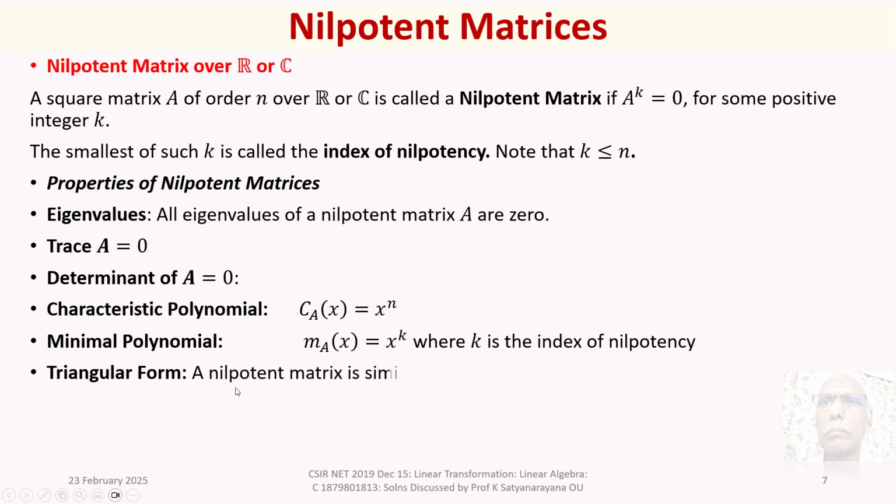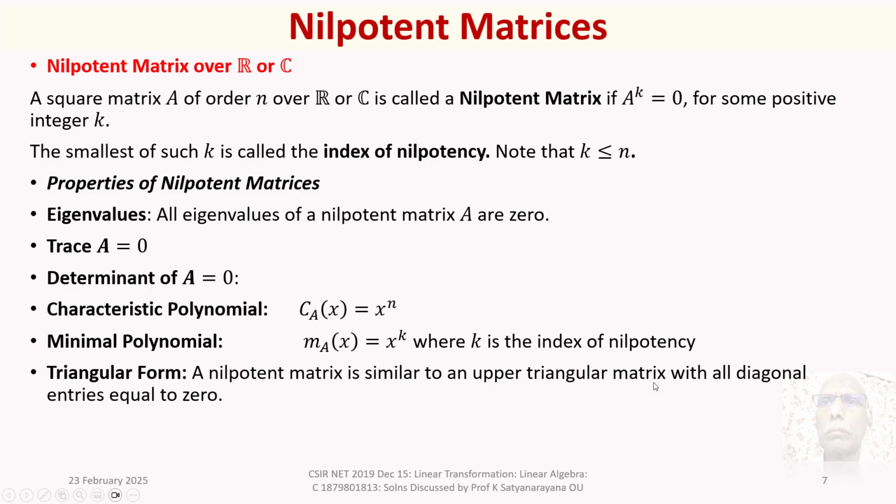Triangular form. A nilpotent matrix is similar to an upper triangular matrix with all diagonal entries equal to 0. That means a nilpotent matrix is equivalent to an upper triangular matrix with all diagonal entries equal to 0. Now, what about diagonalization?